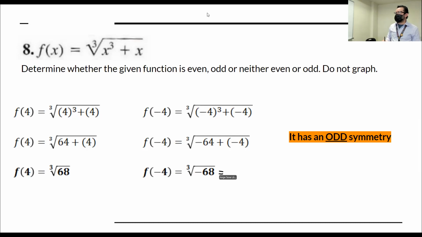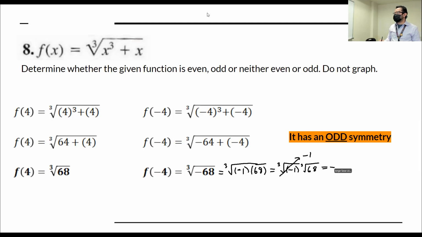So this is the same as having the cubic root of minus 1 multiplying the cubic root of 68. The cubic root of minus 1 is equal to minus 1.